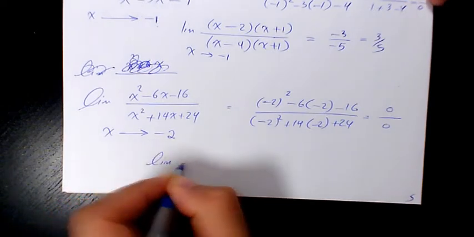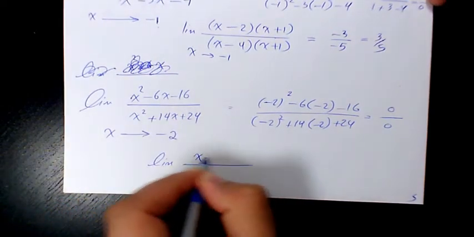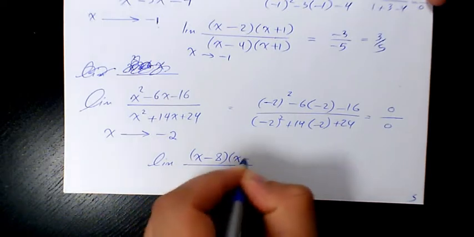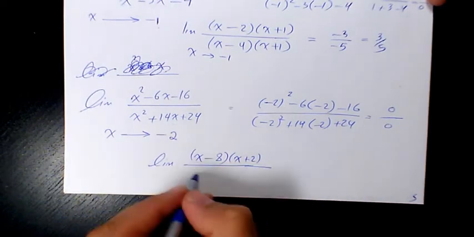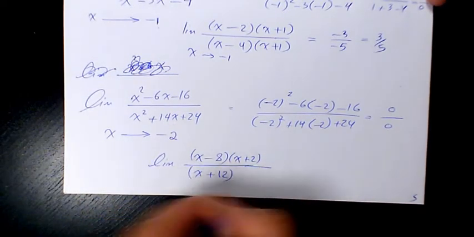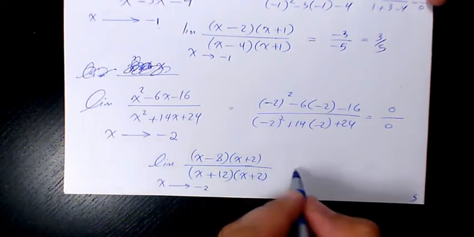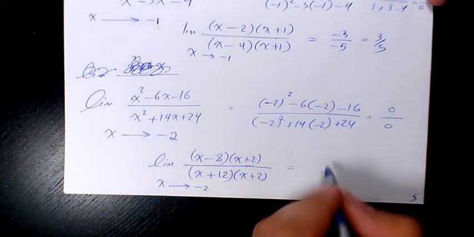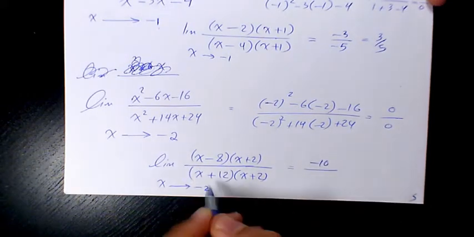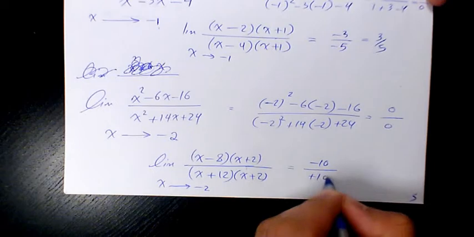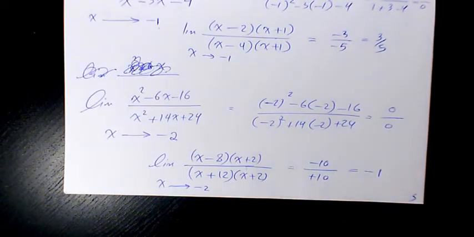The limit of (x minus 8) times (x plus 2) over (x plus 12) times (x plus 2), as x approaches negative 2. These two cancel out. You sub it there, it's going to be negative 10 over positive 10, which is going to be negative 1, and that's the final answer.